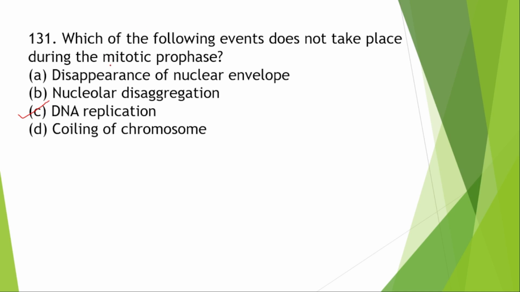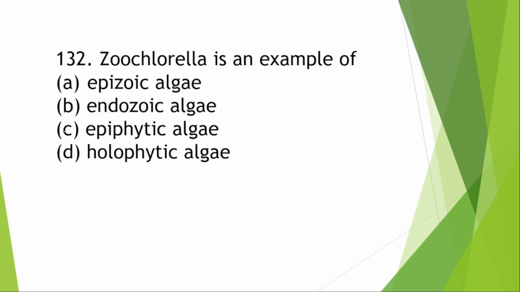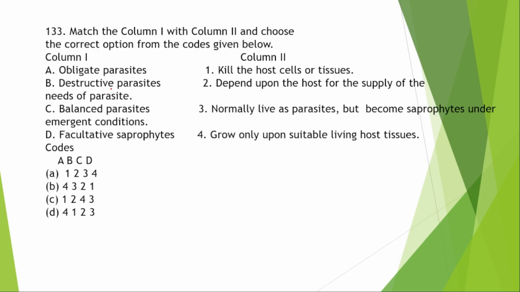Okay, he is asking mitotic phase, so it is the odd one. 132. Zoochlorella is an example of epizoic algae, endozoic algae, epiphytic algae, holophytic algae. So here the right option is endozoic algae.